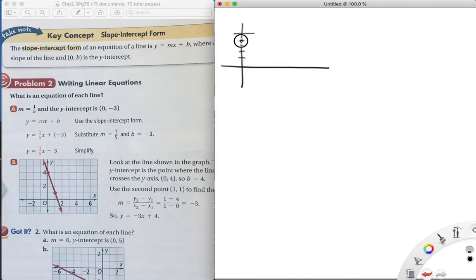So we have a line here, and then we count again, 1, 2, 3, 4, 5. And then we have this at (1, 1). Okay.